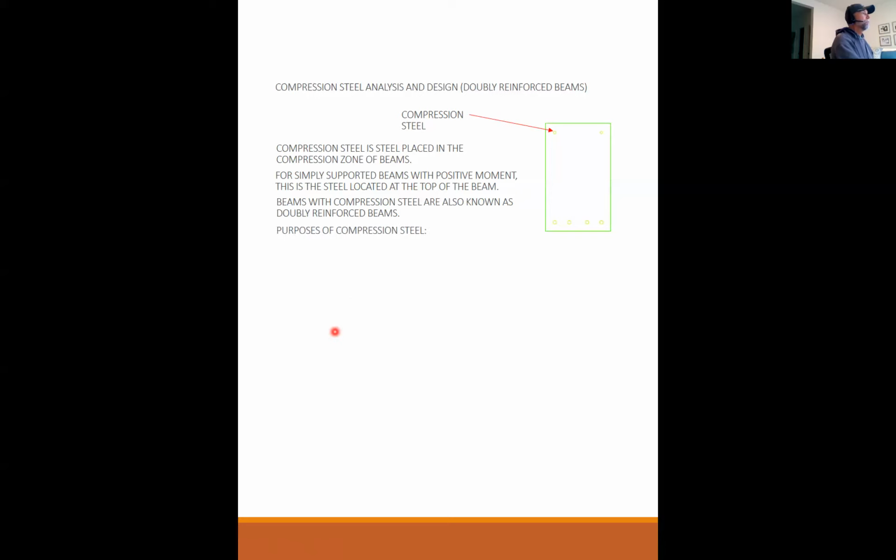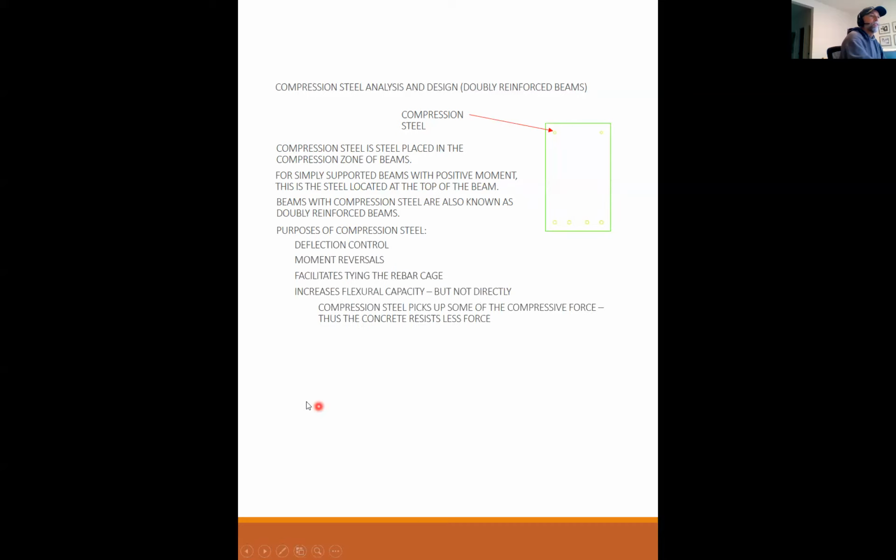The purpose of the compression steel is deflection control, moment reversals, facilitating tie-in to the rebar cage, and increasing the flexural capacity, but not directly. We'll get back to this. Compression steel picks up some of the compressive force, thus the concrete resists less force. So the concrete's picking up most of the compression.